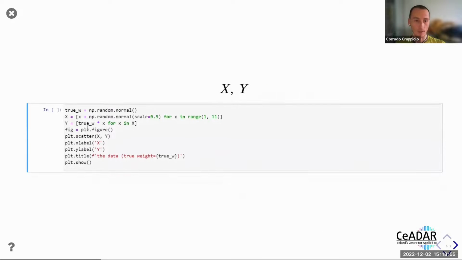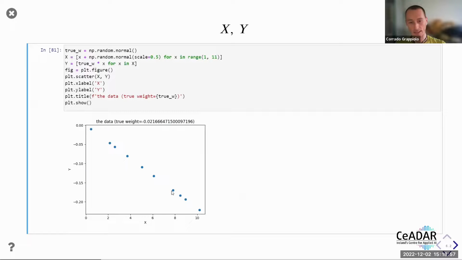To give an example, I prepared this data set of random values that range from 1 to 10, and y, which is a linear function with a true weight of this value, 0.2, randomly generated.